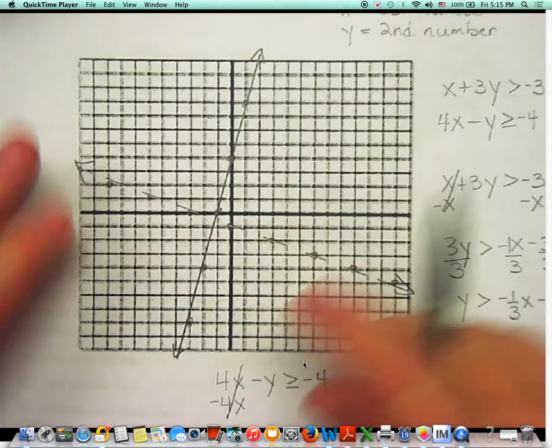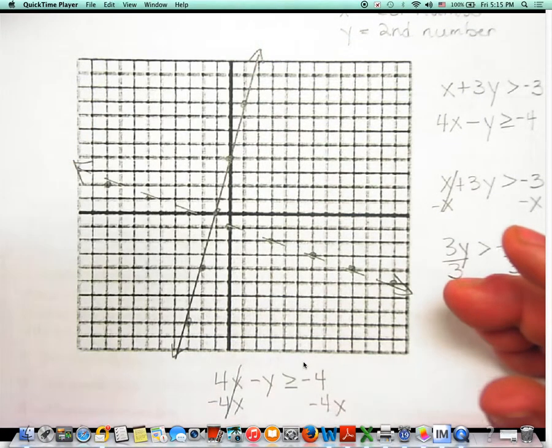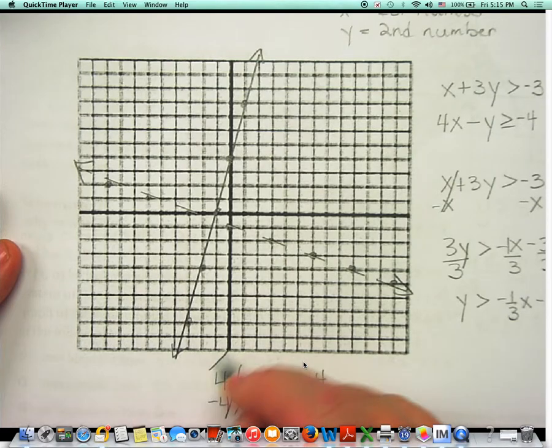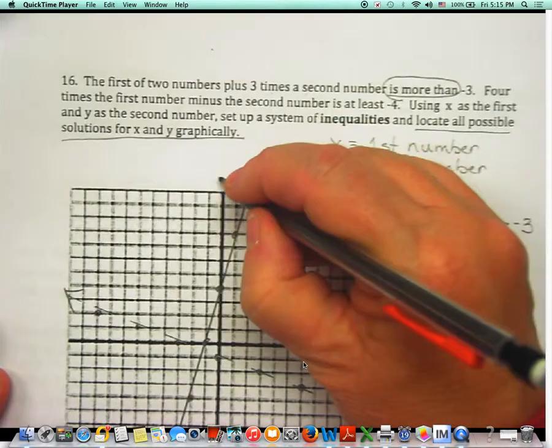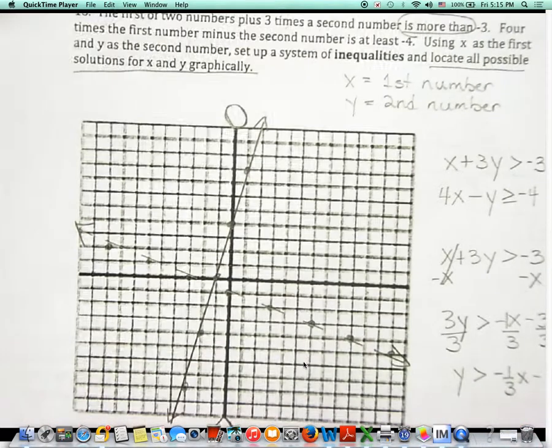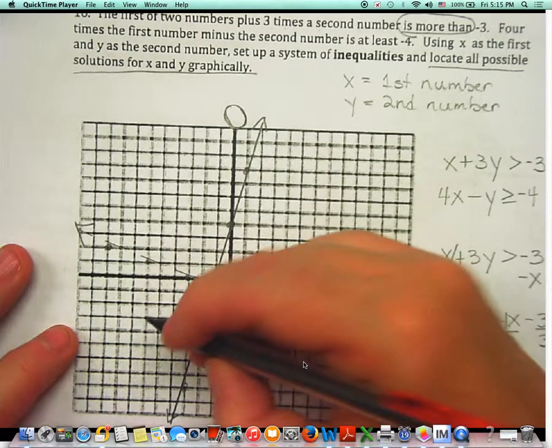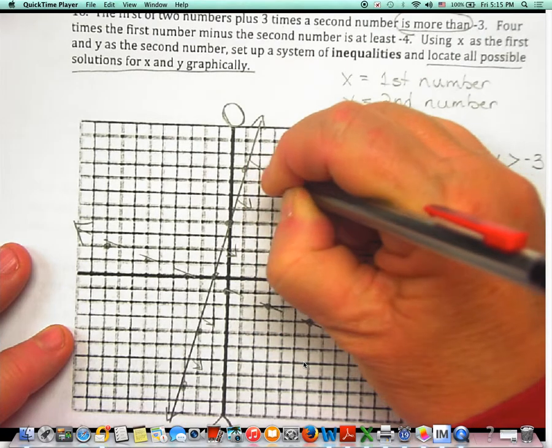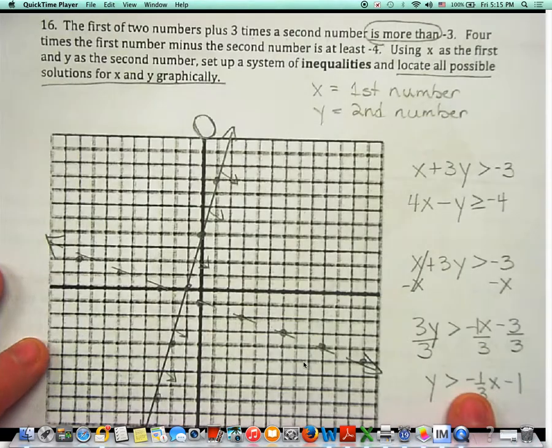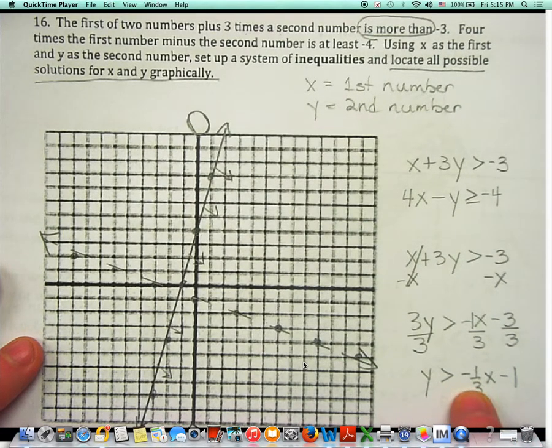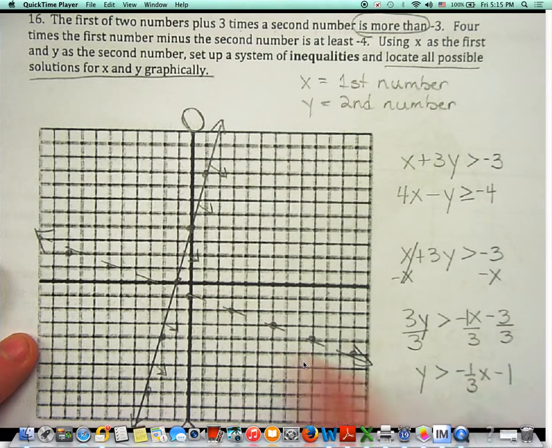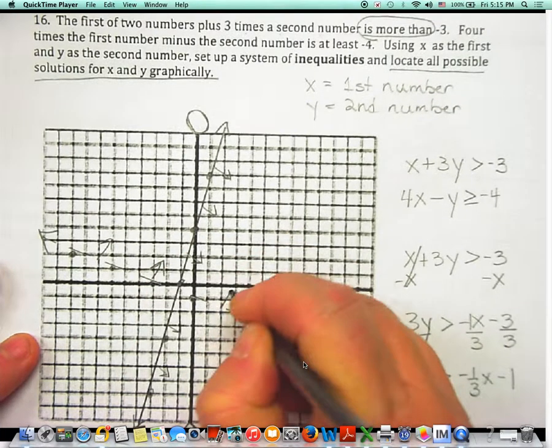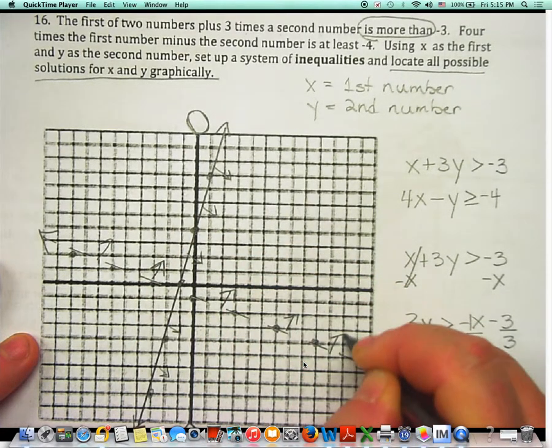All right, and sometimes when they're this tall like this, or almost vertical, it's hard to tell which way is less than. But if you draw feet and a head on your graph, less than means you are going to shade towards the feet. Okay, and then I forgot to shade this one. This one's greater than, so that means I'm going to shade towards the head, or I'm going to shade above.